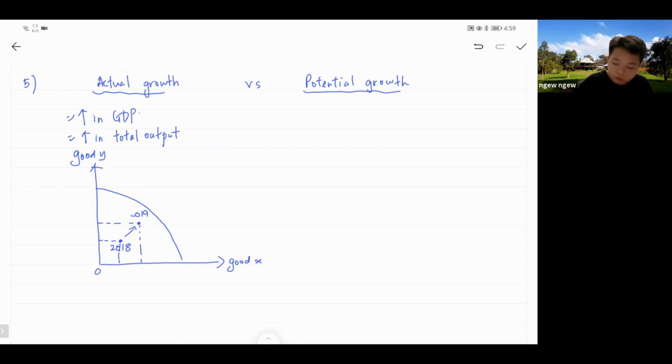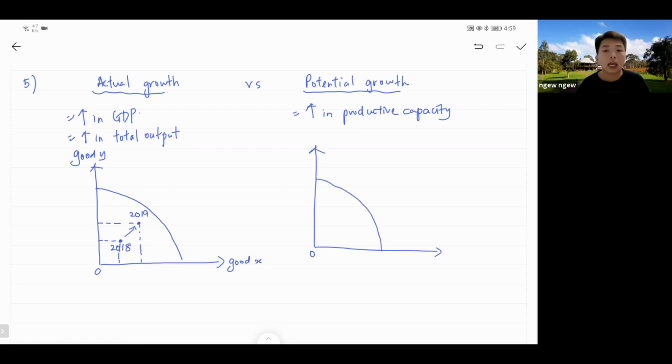Whereas potential growth happens when the country has a rise in productive capacity or productive potential. Like in our first point, we mentioned that the curve itself shows the country's productive capacity, right? So if the country has higher productive capacity, it means the entire curve shifts outward.